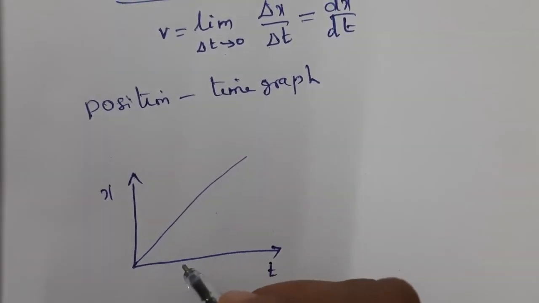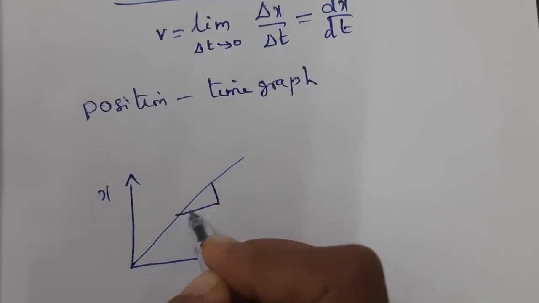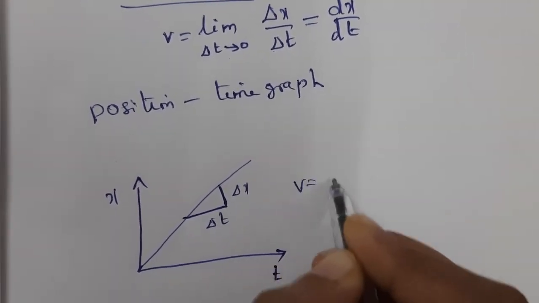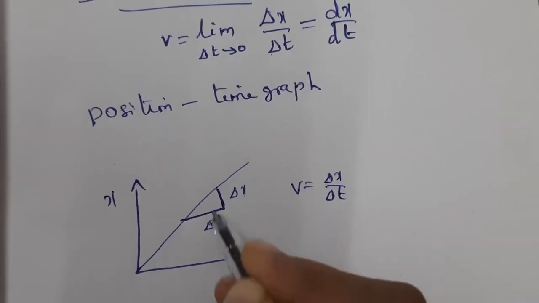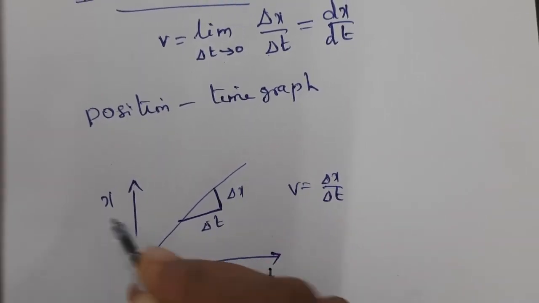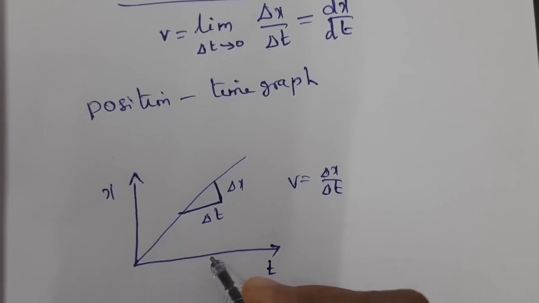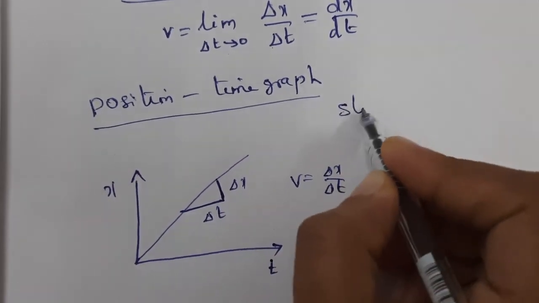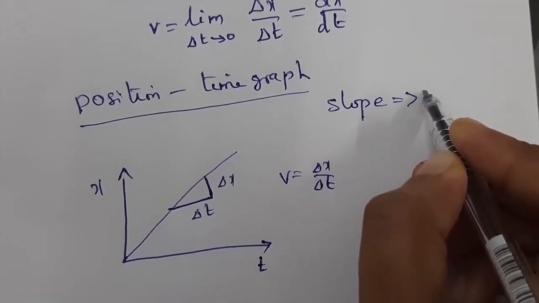Here, how can we obtain the velocity? When we are taking the slope represents delta x by delta t. That is known as velocity, isn't it? So graphically, the slope of the position time graph will give the velocity of the particle. Position time graph, from this, when we are taking the slope, that slope gives the velocity.